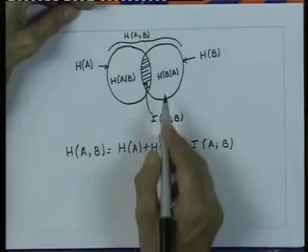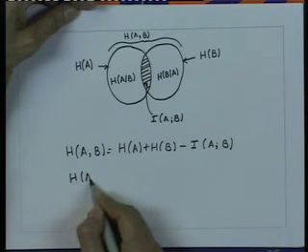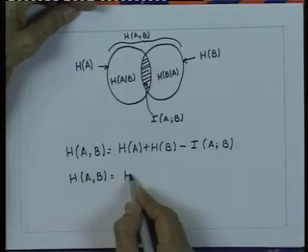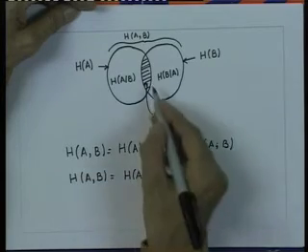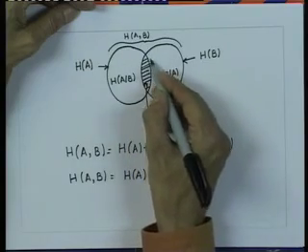Now, from this Venn diagram, it is very clear that H of A B is equal to H A plus this portion.